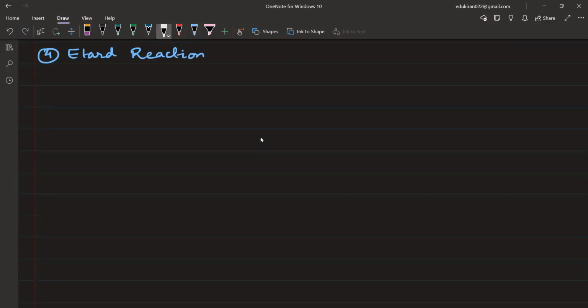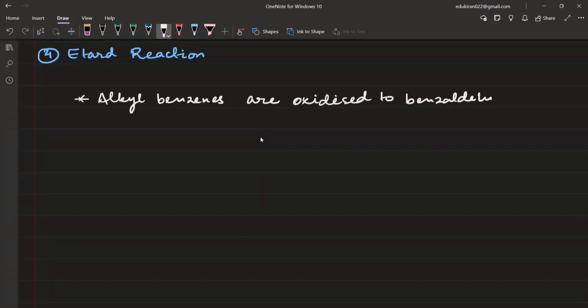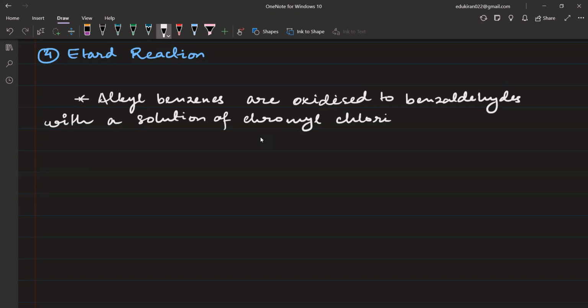Now please write. Alkyl benzenes are oxidized to benzaldehydes with a solution of chromyl chloride in CCl4 or CS2.